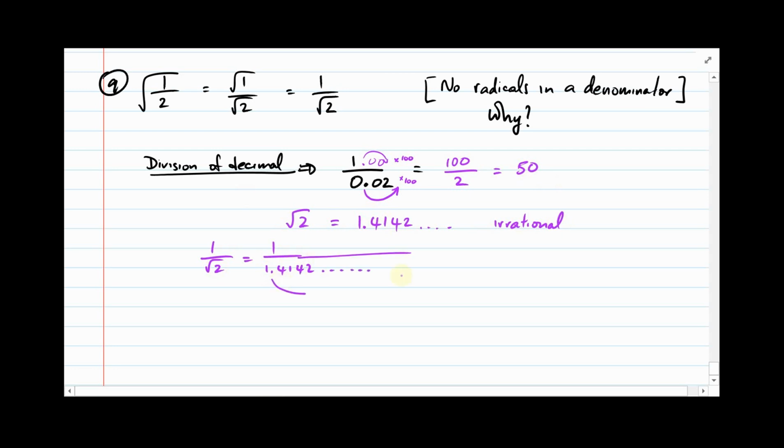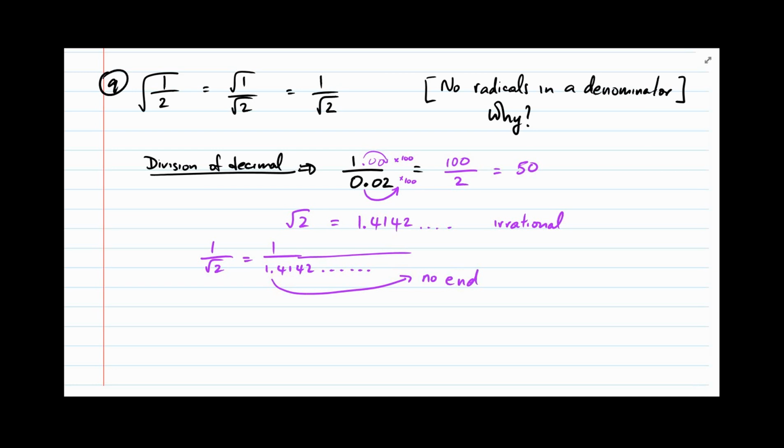There is no end, so I can't go all the way down. I won't know how to leave my answer to, say, 7 decimal places, depending on if I need that level of preciseness, etc.